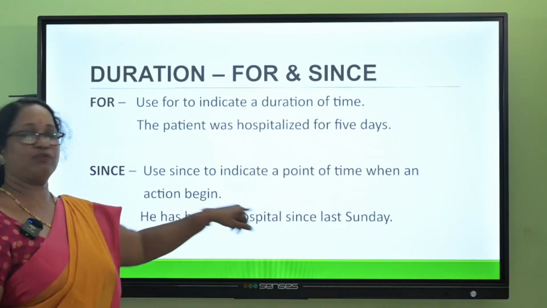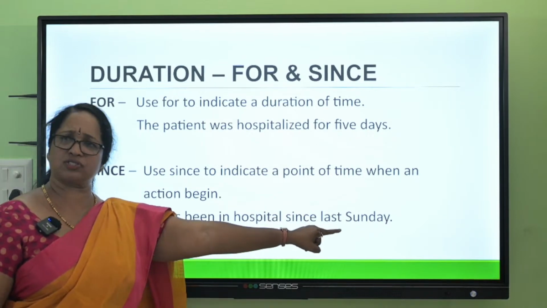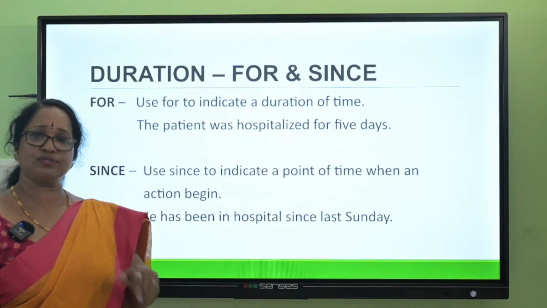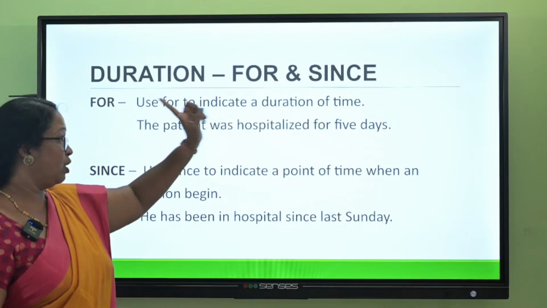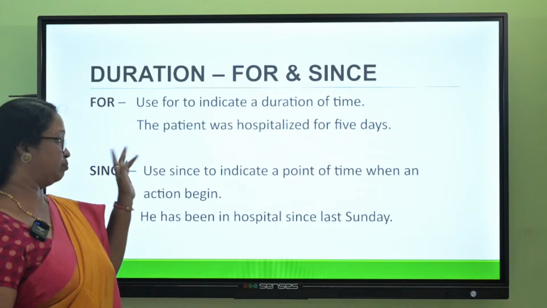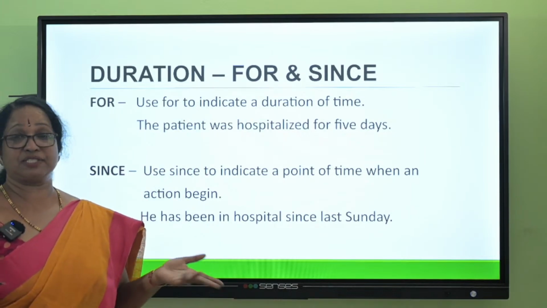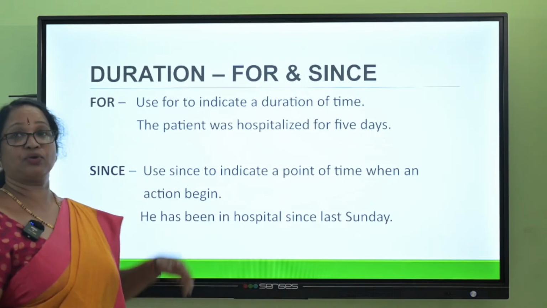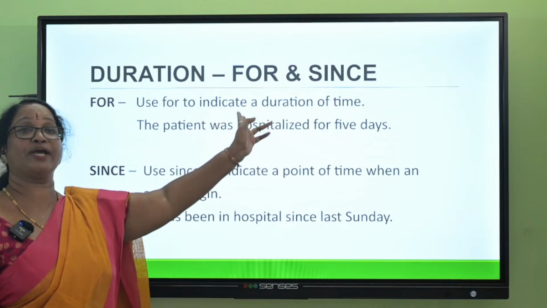Here you see, he has been in hospital since last Sunday, which means he is still in hospital. And for is used for indicating a duration of time. I was hospitalized for 5 days, madam, that's why I took leave. So for 5 days, you are pointing out the duration of time.